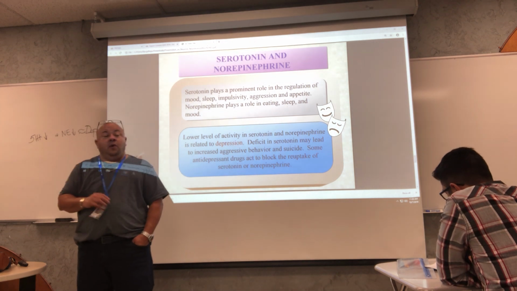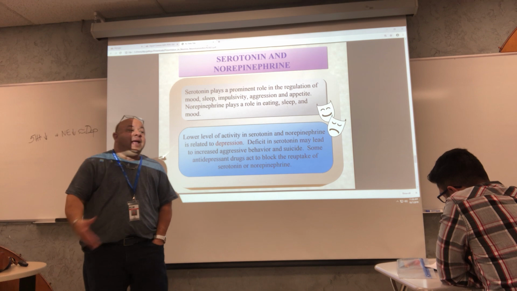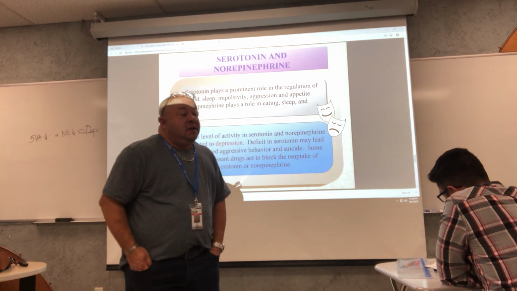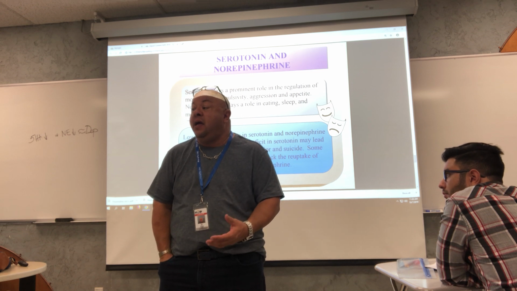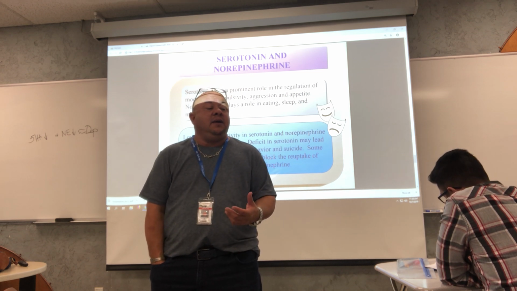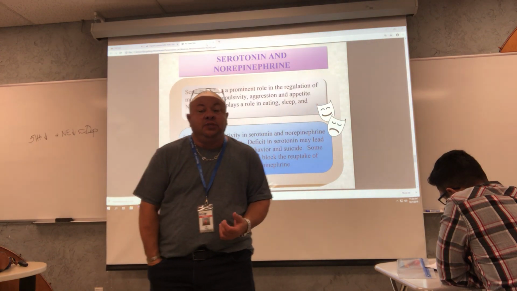However, if the norepinephrine went up too high, people are going to have some negative side effects. When norepinephrine is too high, you can have paranoia and low appetite and agitation and trouble sleeping.